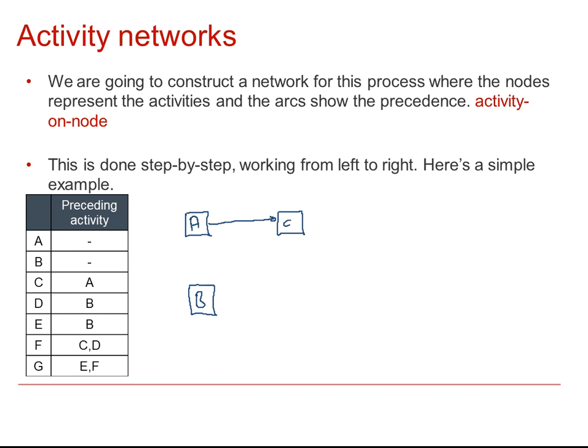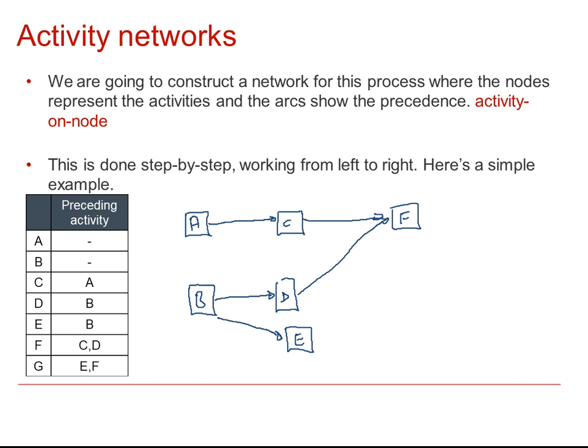D depends on B being completed, so therefore we can show an arc going from B to D. And also E depends on B being completed, so there's an arc going from B to E. F depends on C and D, so F will be a node here with C and D arcs towards there.